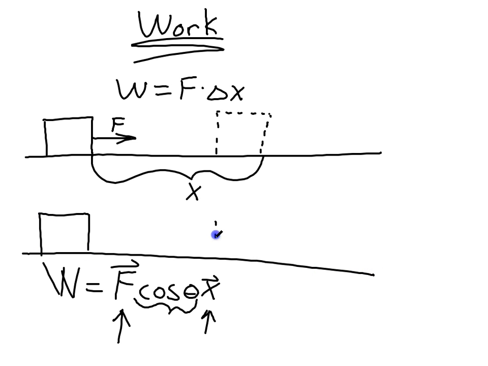The box is moved over here, but the force applied to the box is a little bit different. It's not horizontal anymore like this. It's going to be slightly vertical.